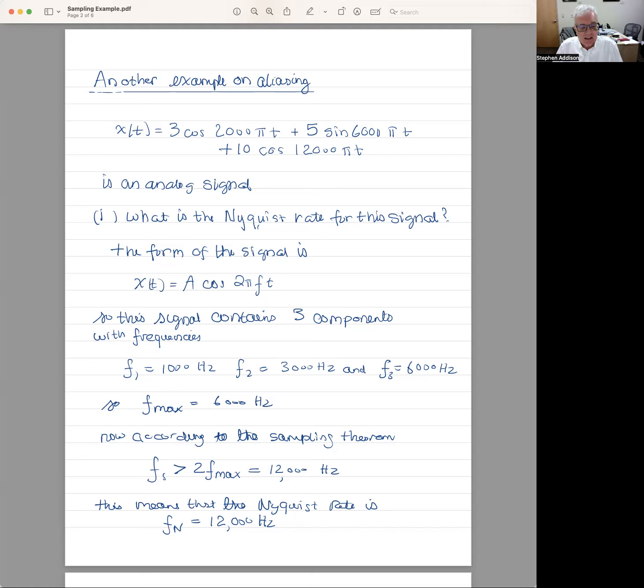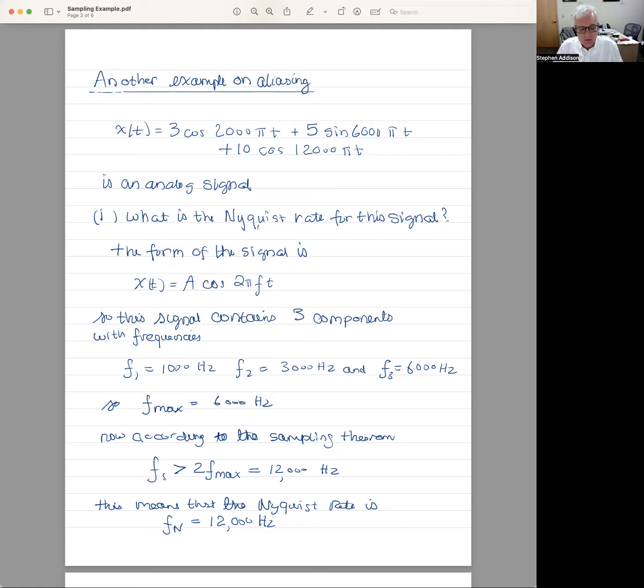Now, according to the sampling theorem, to properly sample this signal, I would have to have a sampling frequency of 12,000 hertz, and then I would have a good digital representation of this signal and be able to reconstruct it exactly.